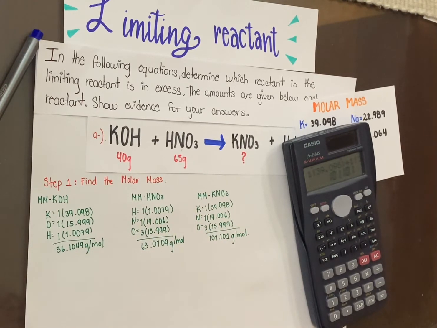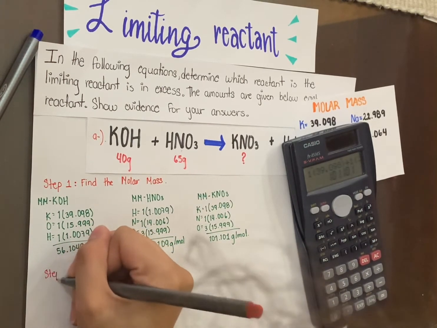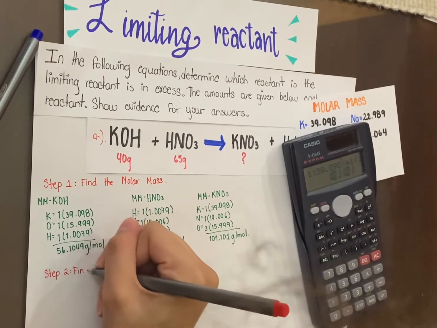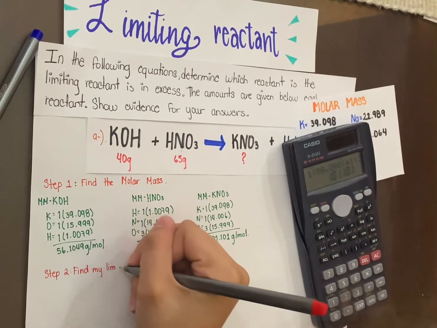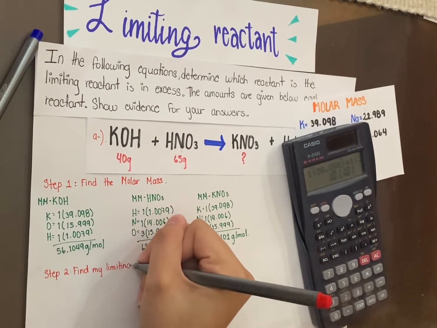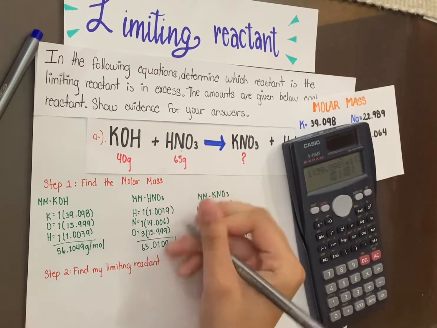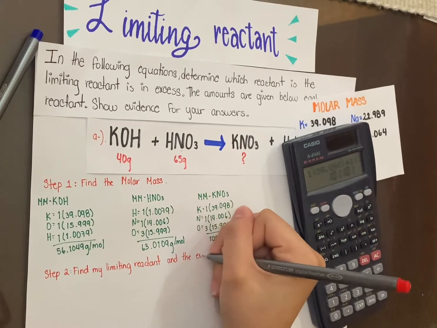So the next step is to know which is the limiting reactant and the reactant that is in excess. So my step 2 is find my limiting reactant and also the excess reactant.